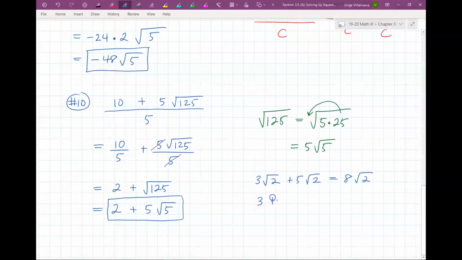But 3 plus 5 radical 2 is not 8 radical 2. Because this one right here doesn't have a radical 2 with it, or square root of 2. They need to be like terms. So that's how you would do 10, okay? The rest of these, I'll let you guys try to work them out.